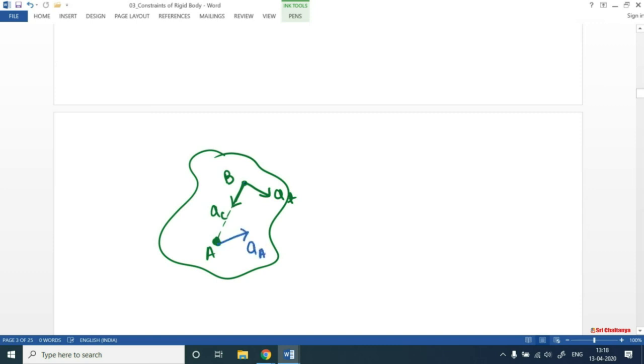So in order to find out the acceleration of point B, we need to vectorially add the acceleration of point A on this. So in ground frame, the acceleration of point B will be the vector sum of AC plus AT plus AA.